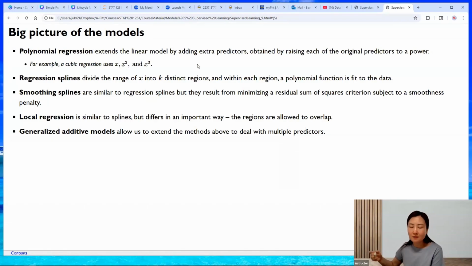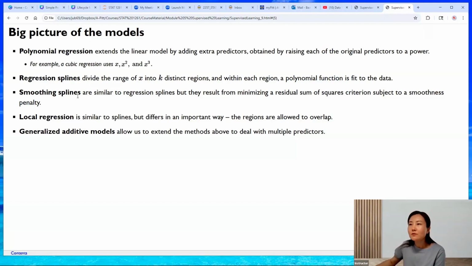Polynomial regression is just the immediate extension of simple linear regression, by adding polynomial terms like squares or cubic terms, etc. And regression splines divide the range of x into k distinct ranges. And then within each range, it will fit a polynomial regression model, a regression spline.